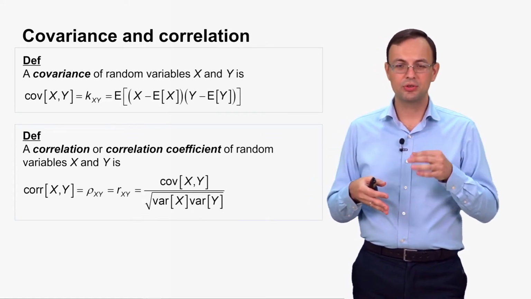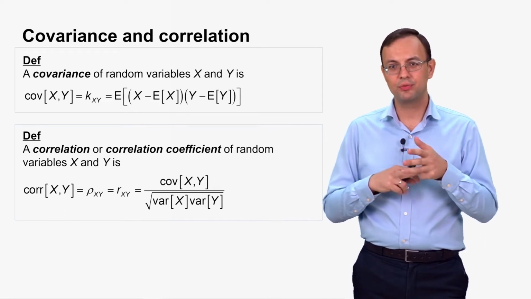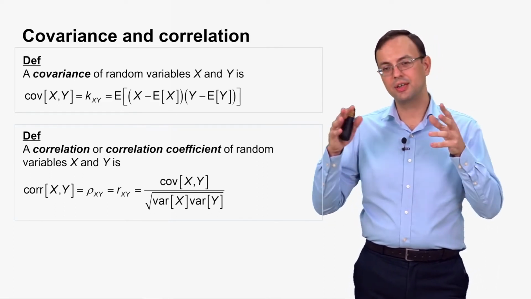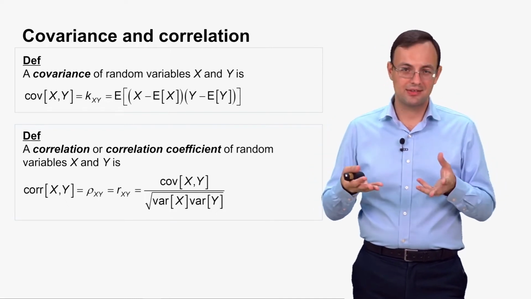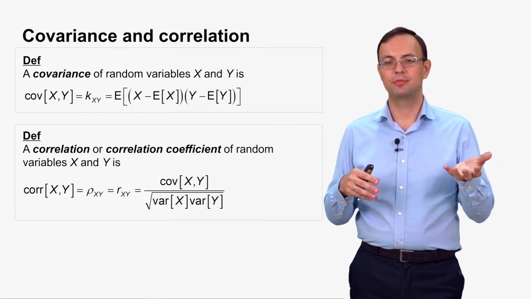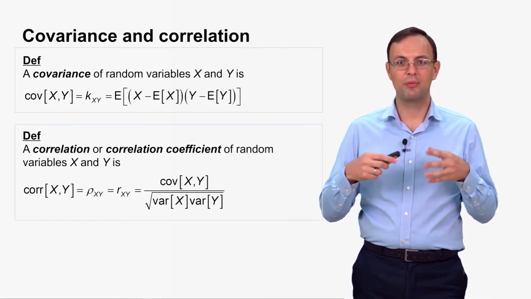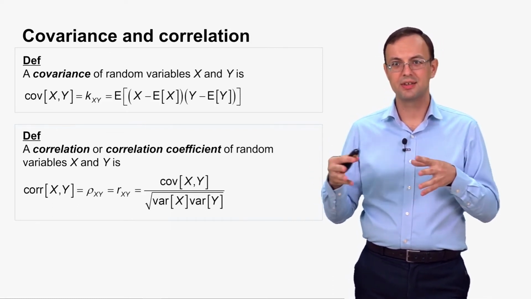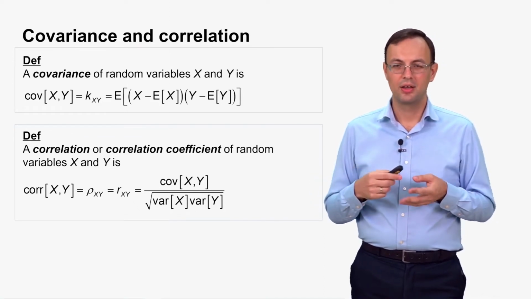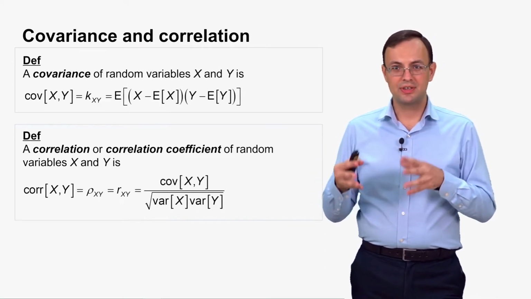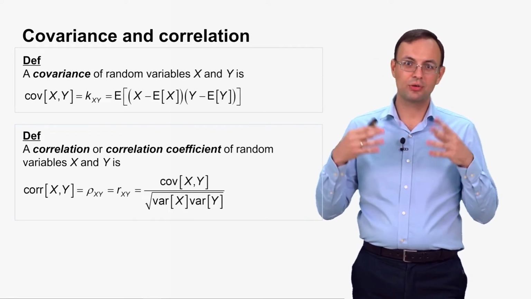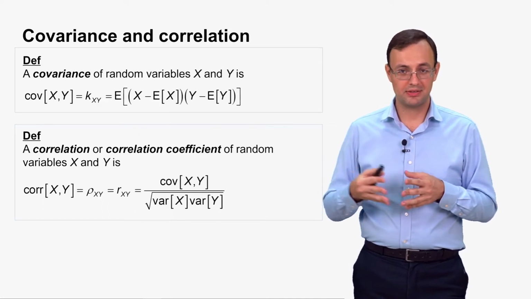So the word correlation can be used either for the coefficient or for the type of dependence. If it is used as a description of the type of dependence, then the coefficient is called the correlation coefficient. If it is used for the coefficient, then the type of dependence is called correlation dependence or correlative dependence.